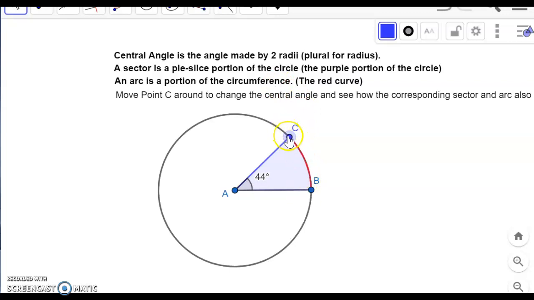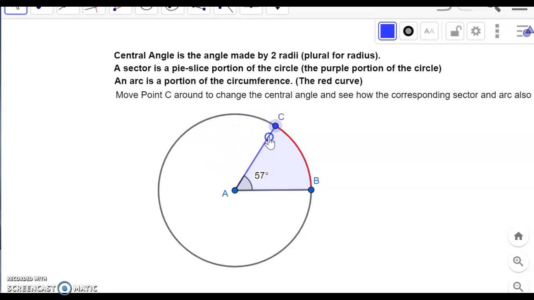Okay, so if I move this point C, I can change the central angle from 78 to 114, all the way to being very big, all the way to 360 in fact. Look at what happens to the length of the red line, the arc length.